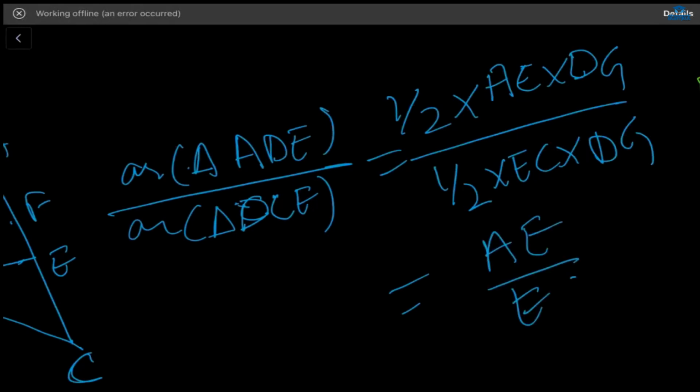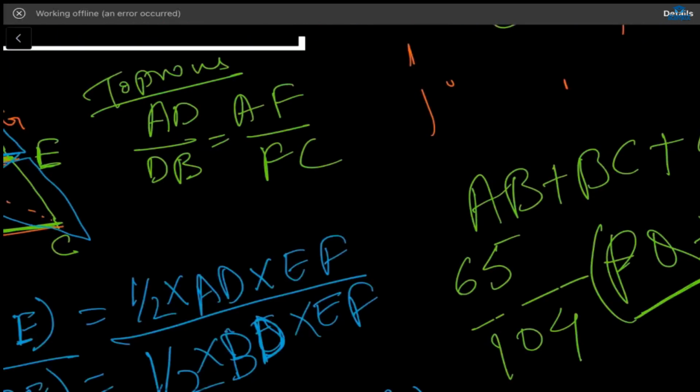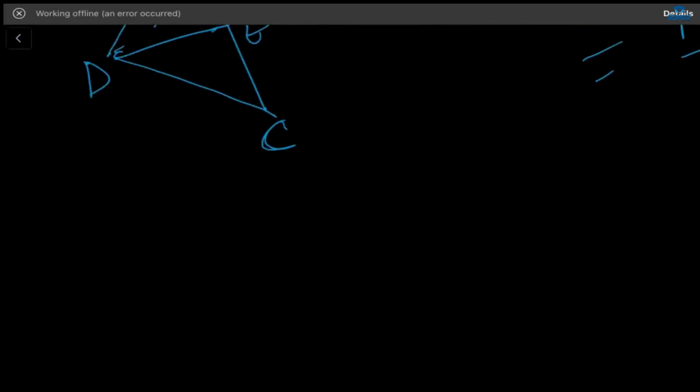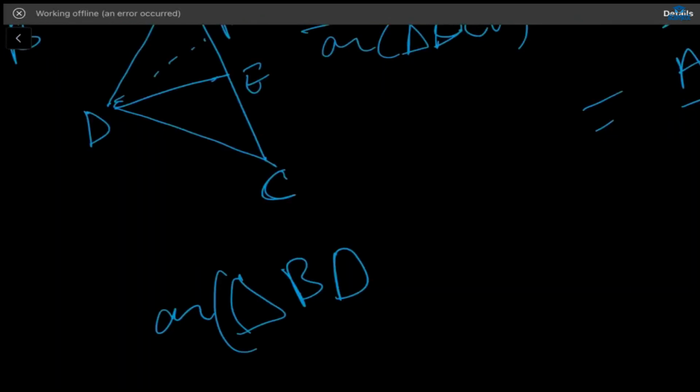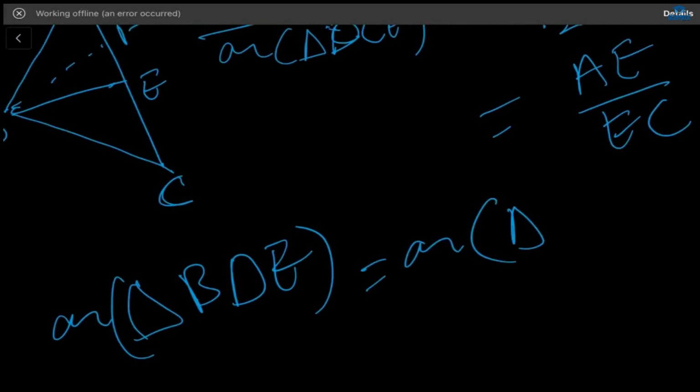Okay, that is the second equation. Now, if you see both these triangles, that is BDE and CDE, the area of triangle BDE is equal to the area of triangle CDE.